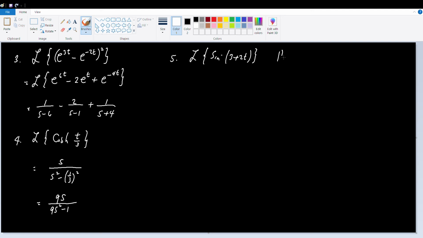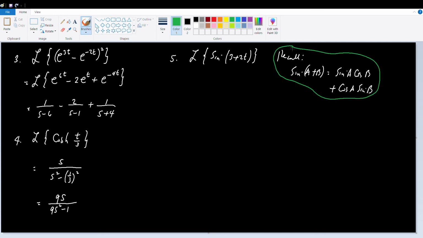So let us recall a trigonometric identity that says that sine of A plus B is equal to sine A cosine B plus cosine A sine B. Okay, that is an identity. So here, our A is 3 and our B is 2t.